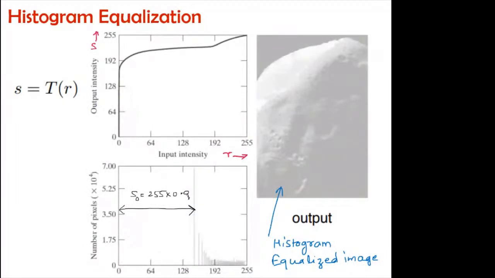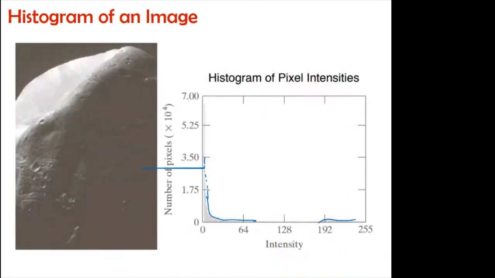ये probability of r naught. What is r naught? r naught means zero intensity level की क्या probability है? See, so many pixels are lying at zero intensity level. ये सारे pixels जो है ना, they are black. Are you understanding what I am saying? ये black लग रहे हैं तुमको? There are many pixels which are black.